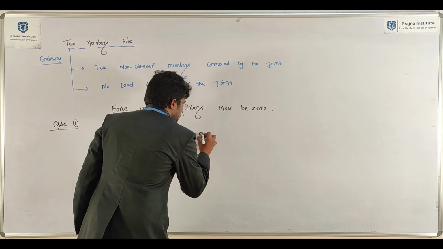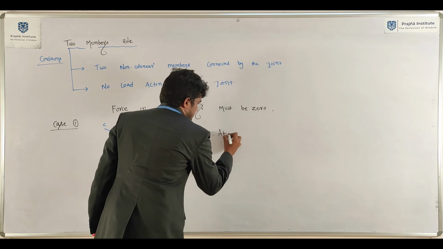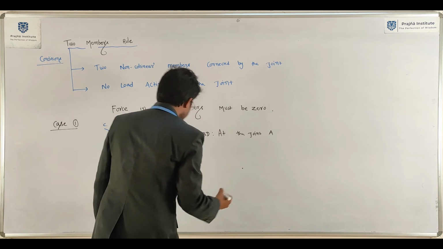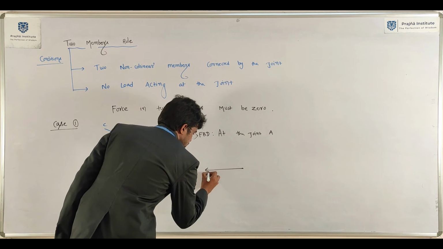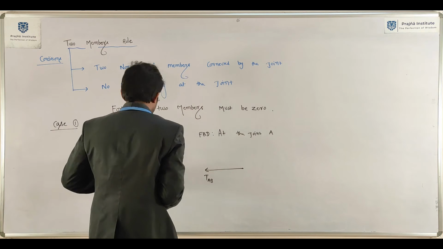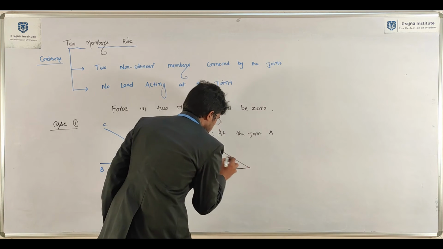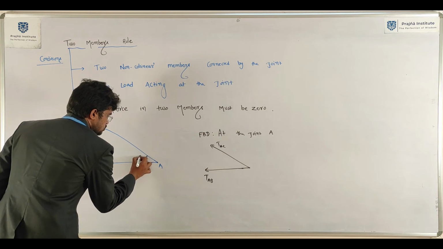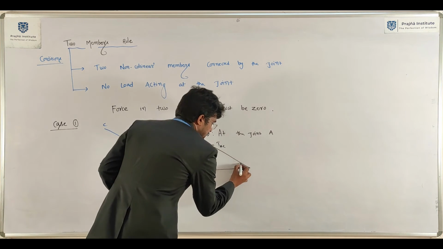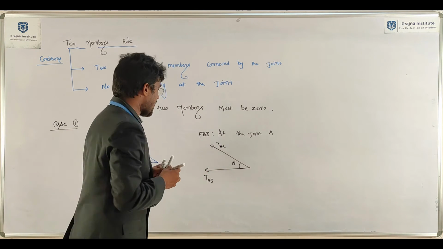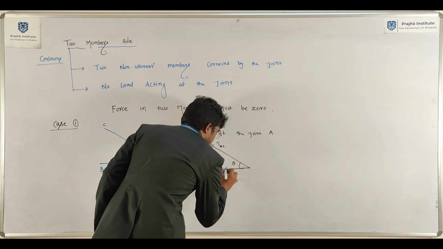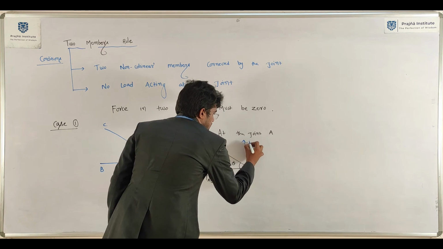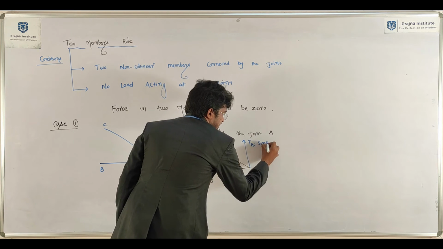Now draw the free body diagram at the joint A. TAB and TAC, and the angle between these two is theta. Now just resolve it: TAC cos theta, TAC sin theta.